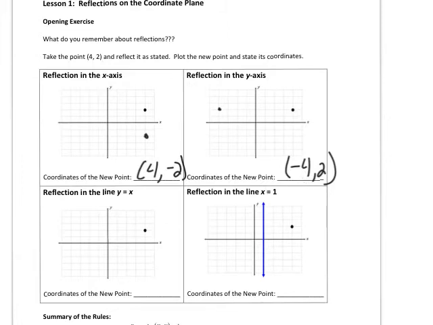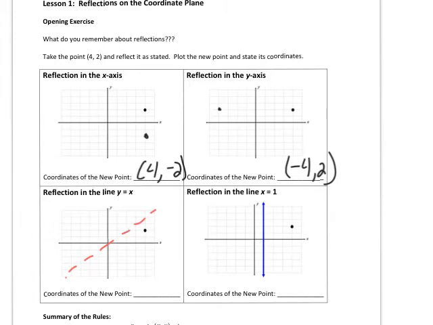So we can do a similar process for the line y equals x. Now the line y equals x is a 45-degree angle. It has a slope of 1. It cuts through the origin, so it's a diagonal line. And when I reflect it, it's going to be a mirror image over this line. So if I were to fold this image, it's going to end up here.